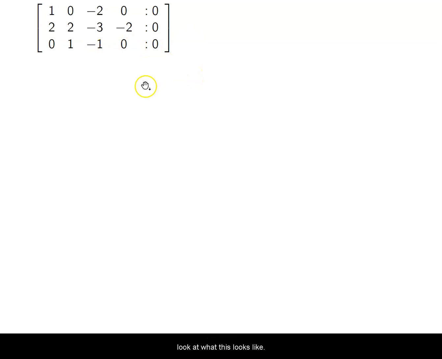So we're going to go ahead and just look at what this looks like in its reduced row echelon form. So remember, that's when it's zeros below all of the pivots and zeros above all of the pivots, wherever it is that the pivots end up being, right? It does not necessarily mean that it's always here, here, and here.